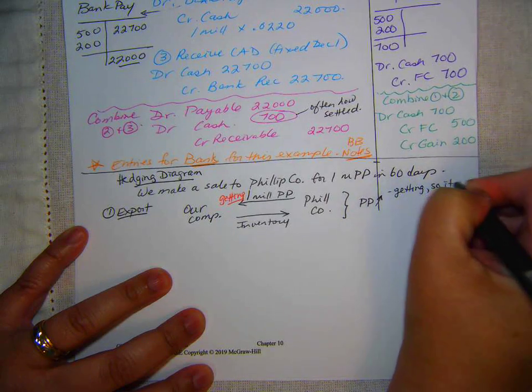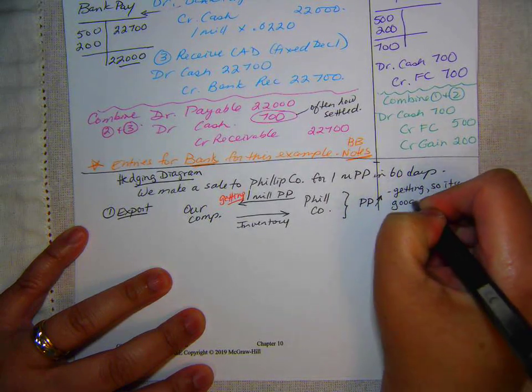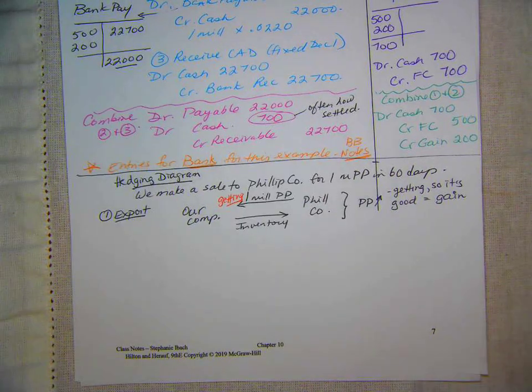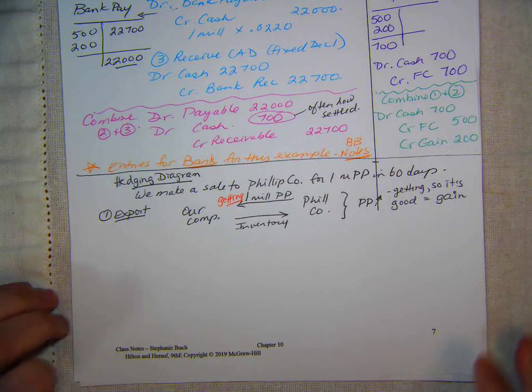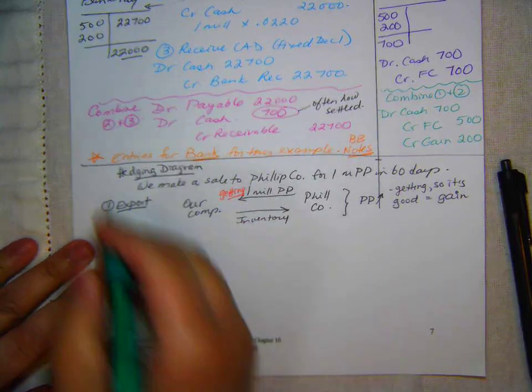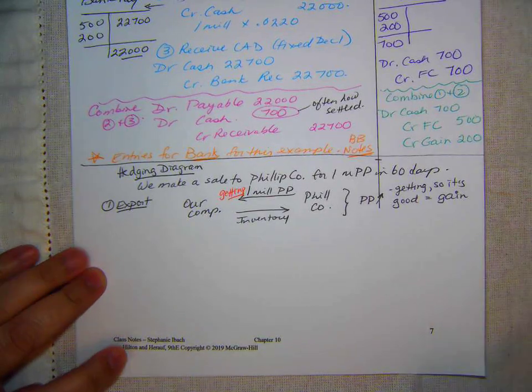But as we know, this gives us a level of risk in our company because it might go up, it might go down. Okay? The uncertainty gives us the risk. So what we do is use a forward contract that we just learned in the last video to hedge against this.